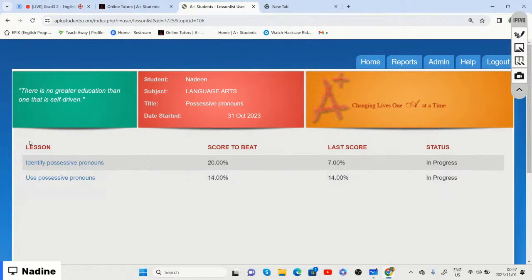So remember, we said the possessive pronouns show who owns something, or basically who wants something. And during the course of this lesson, we had to identify pronouns as well as use pronouns, right? And we were able to identify whether it is a possessive pronoun or not, or which one is the correct one. So now that is the end of our lesson on possessive pronouns.